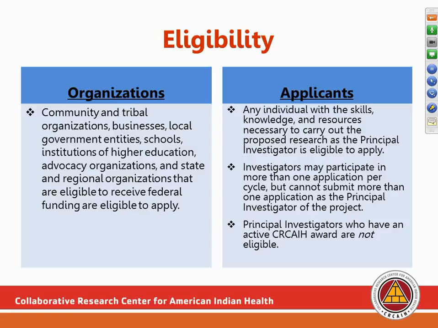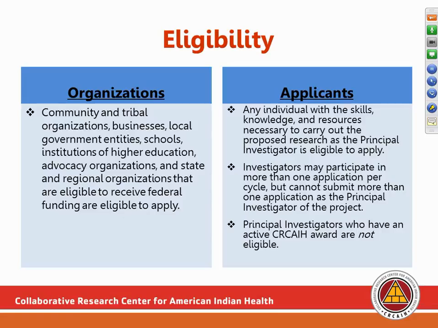So just to go over eligibility, the organizations eligible are really open as long as the organization is available to receive federal funding. So this includes being in good financial standing, having a DUNS number, and any applicants, so principal investigators, people don't have to have any specific degree.